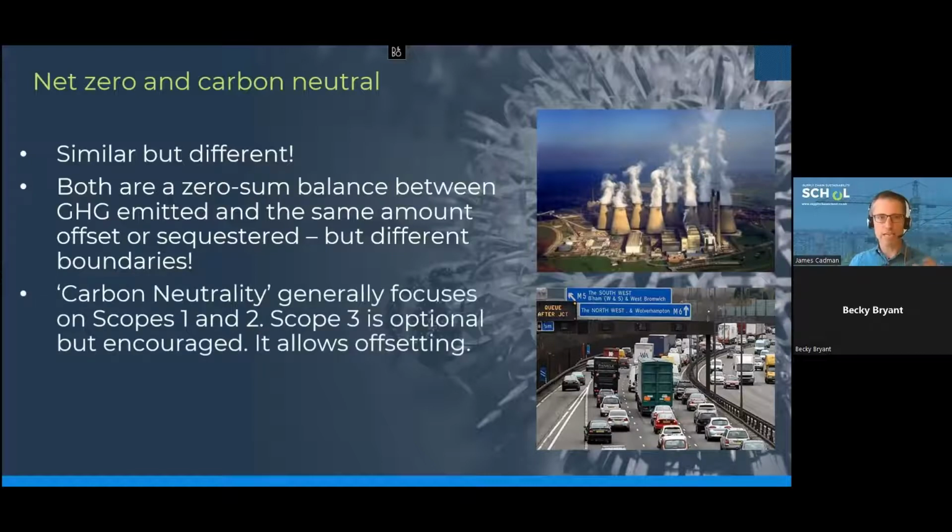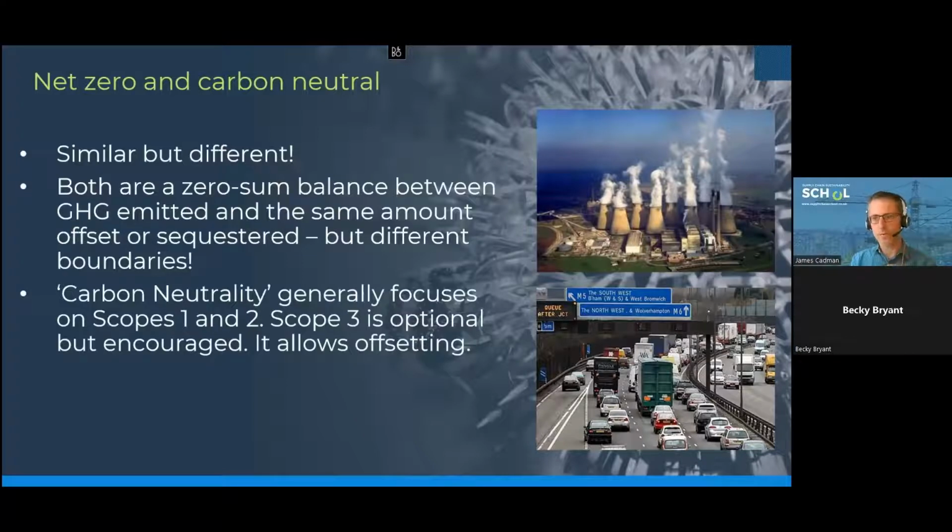Whereas net zero was everything in your value chain, your suppliers, your customers, your scopes 1, 2, and 3, carbon neutrality generally focuses on your scopes 1 and 2. Scope 3 is optional. It's encouraged, but it's optional. For those of you who are not too sure about your scopes, scope 1 is your direct emissions, where you burn something yourself directly, whether that's gas in a boiler in your facility or diesel or petrol in one of your vehicles.